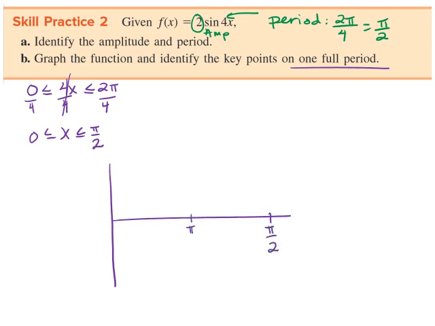Half of pi over 2 is pi over 4. Half of pi over 4 is pi over 8. So 1 pi over 8, 2 pi over 8, 3 pi over 8, 4 pi over 8. Then this is the graph of sine, so we will start and end on the baseline halfway between. And then the amplitude is 2. There isn't a reflection, so our maximum is here and the minimum is here. So here is a sketch of this curve.